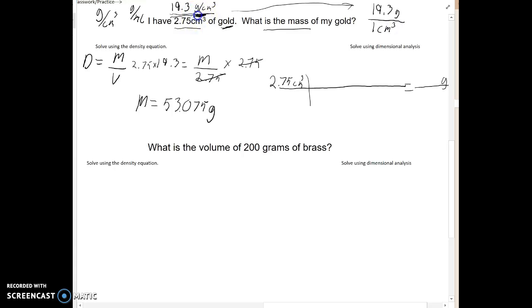It's 19.3 grams per 1 centimeter cubed. So I'm just going to write it in that format. Now I have a conversion factor that I can plug into my dimensional analysis setup. Centimeters cubed needs to go on the bottom, so I'm going to plug it in just the way that it is. 19.3 grams divided by 1 centimeter cubed. My units cancel out for centimeters cubed. I'm left in grams. Do the same operation, I get the same answer, 53.075.